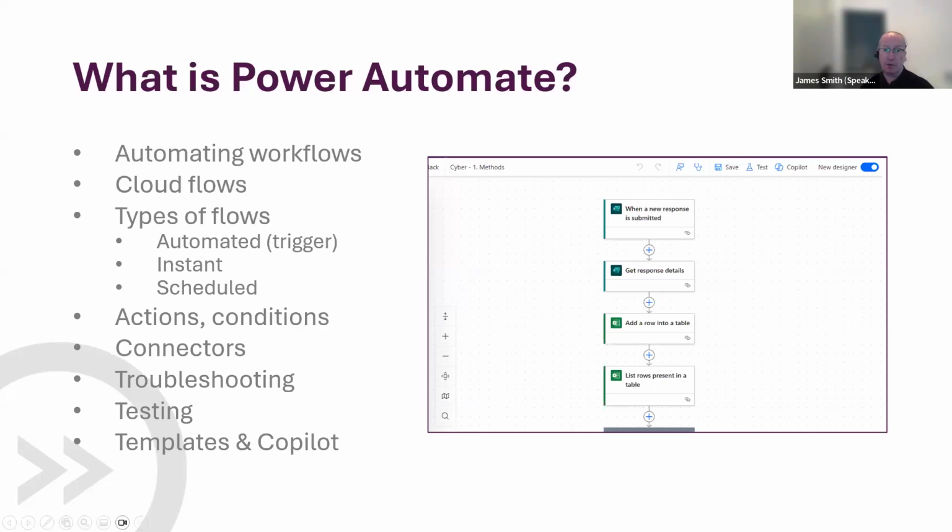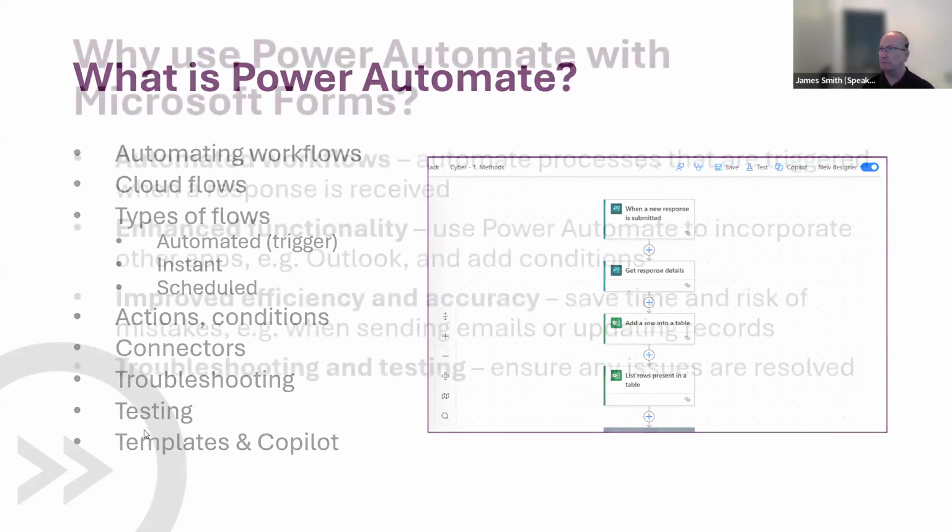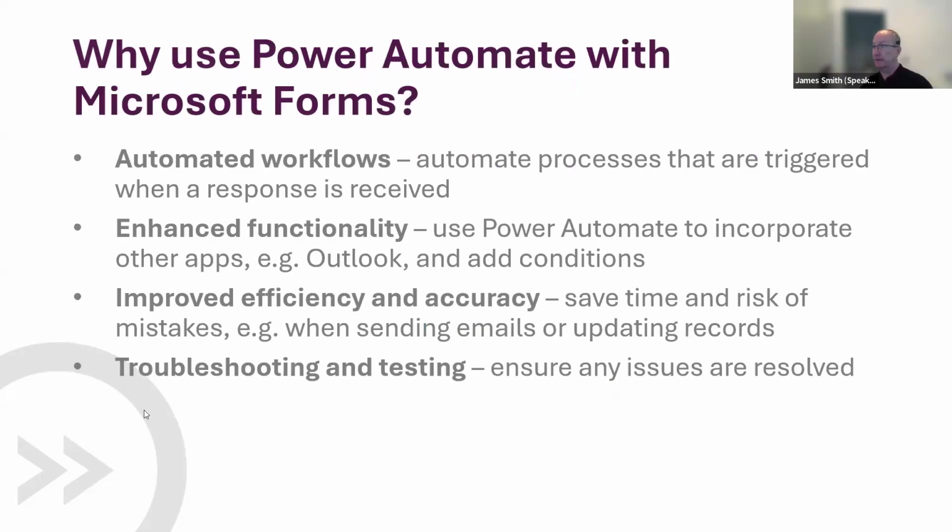I know that one of the questions that came up was around how to best get started with Power Automate. The simplest answer is, I would say, have a look at some of the templates and use those to automate something that's fairly simple but a sort of mundane task.